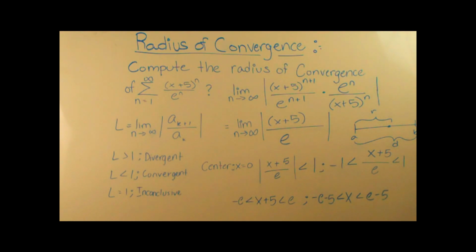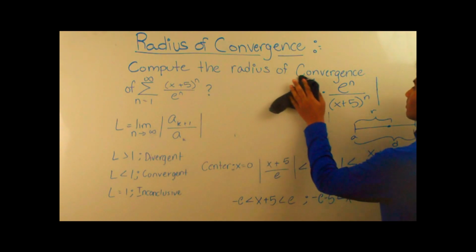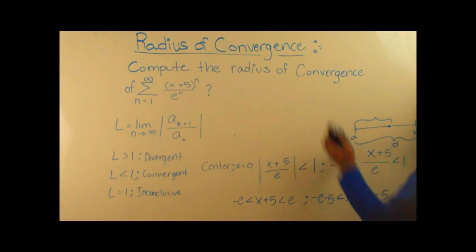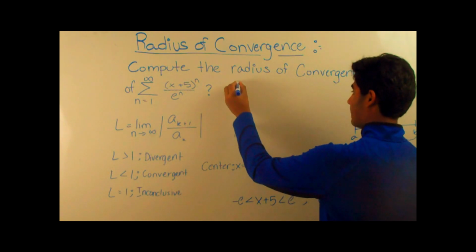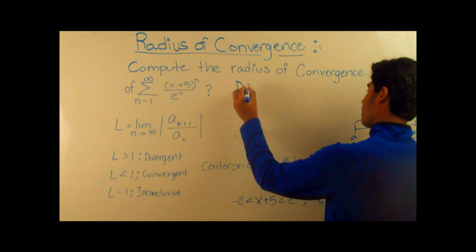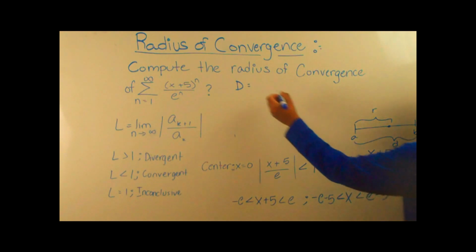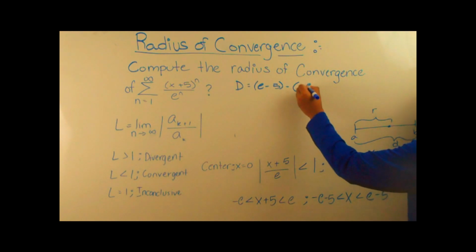So we get the diameter, which is equal to the length of this interval, e minus 5 minus negative e minus 5.